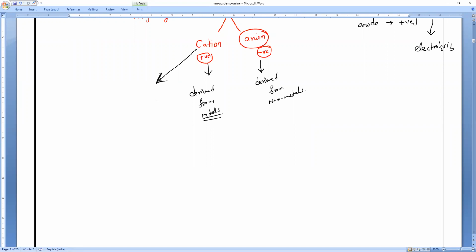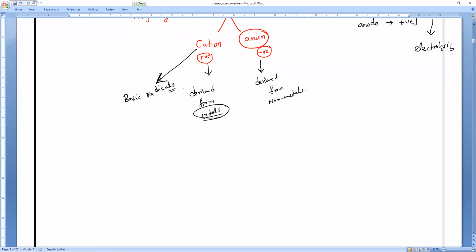Carbon dioxide, a non-metallic oxide, is acidic in nature. So generally, metallic oxides are basic and non-metallic oxides are acidic. As cations are obtained from metals, they are basic in nature. That is why these are called basic radicals.